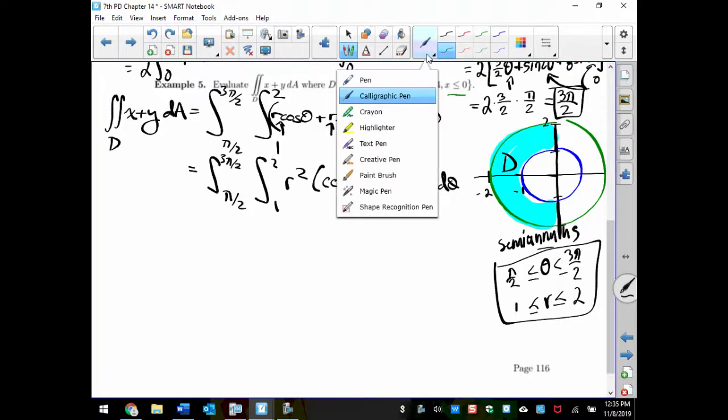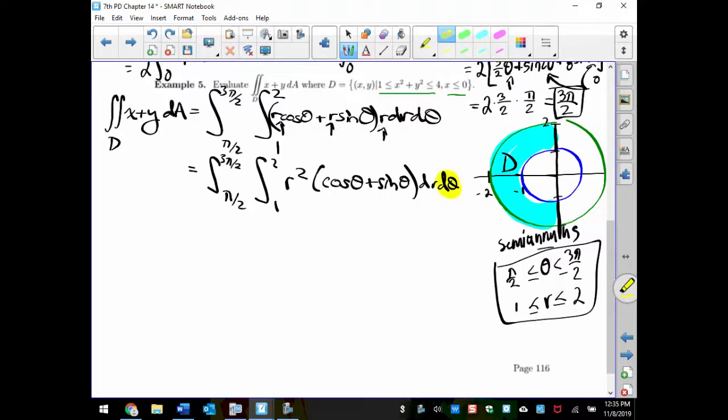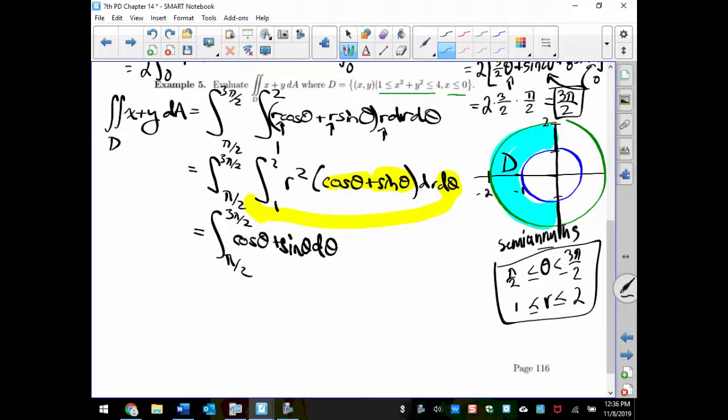Now we can bring the d theta past all of this, as well as the sine theta and cosine theta. We'll bring that through the r integral because it has nothing to do with r. So this is from pi over 2 to 3 pi over 2 of cosine theta plus sine theta d theta, and then we're integrating from 1 to 2 of r squared dr.